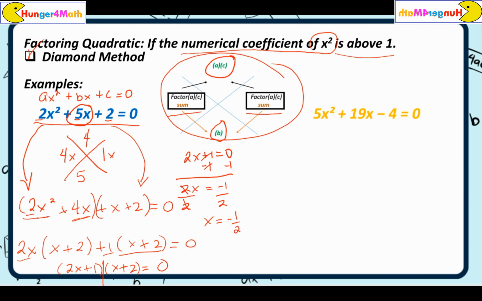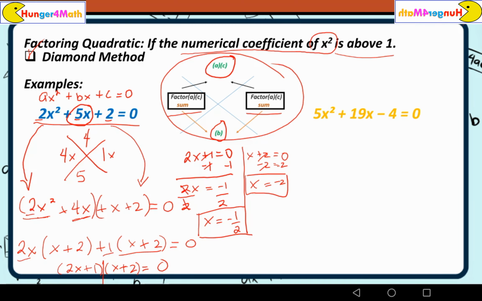And the next is x plus 2 is equal to 0. So -2 for both sides. So bring down x. This becomes 0 is equal to -2. So these are the values of your x, -1/2 and -2.